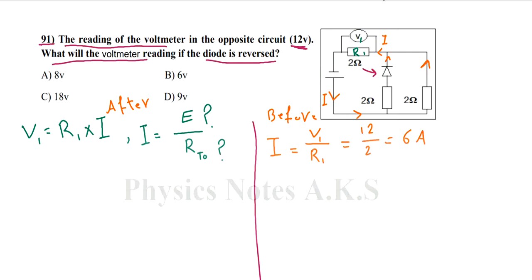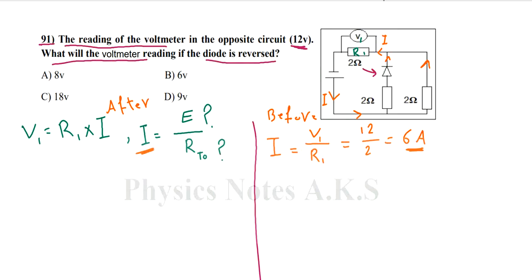Now I found the current. Why did I find the current? Is it the same current as here? No, it's not, because the 6 ampere is before reversing the diode. Now I'm going to explain what it means if we invert the diode.